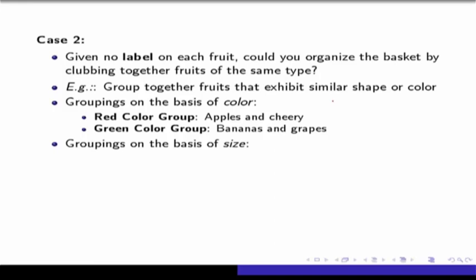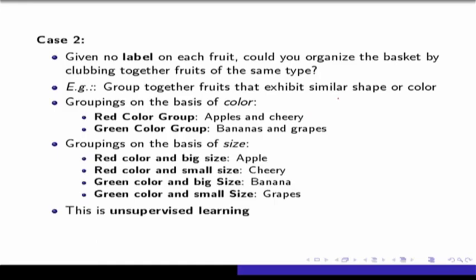On the other hand, if you were to group the fruits based on size, you would find two groups. The big group would consist of apple and banana, and the small one would consist of cherry and grapes.